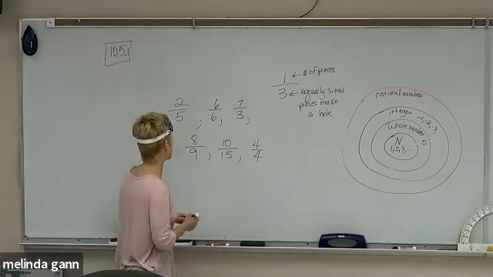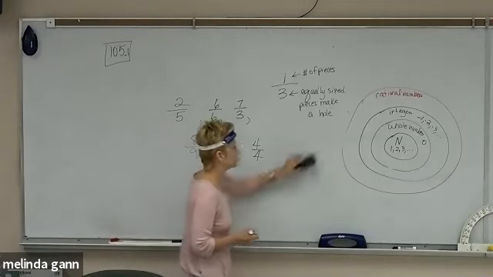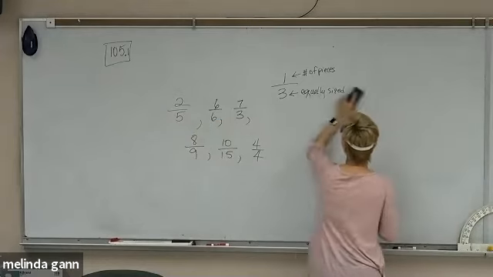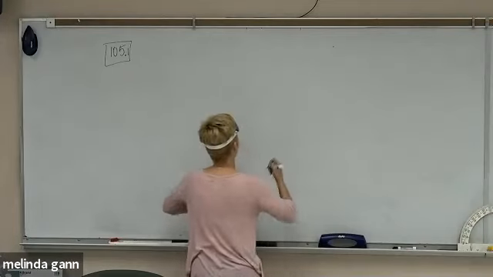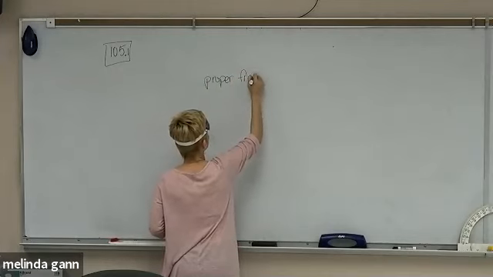Now let's talk about 2 different things. We're going to talk about changing from fractions to mixed numbers and mixed numbers back to fractions for a second. For me to do that, I need to talk about a proper fraction versus an improper fraction.